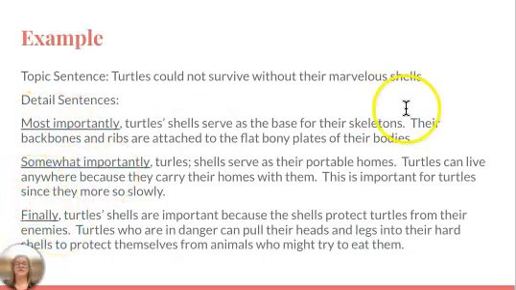And then I did just a little return to show you that this right here is all about the first detail, those 2 sentences. Then the second detail is right here, and that's 3 sentences. And the final detail is down here with the 2 sentences.